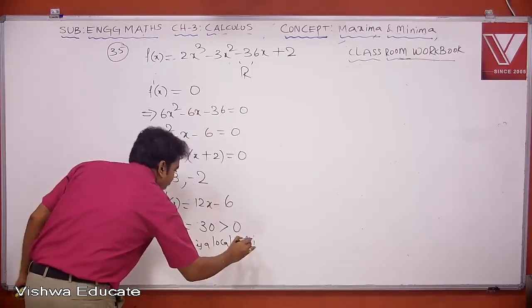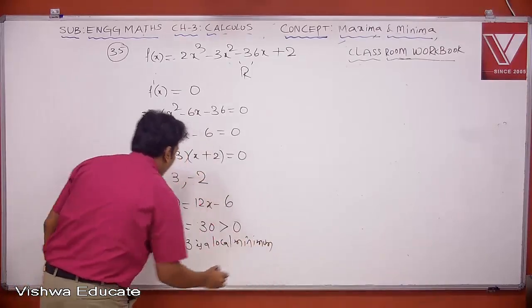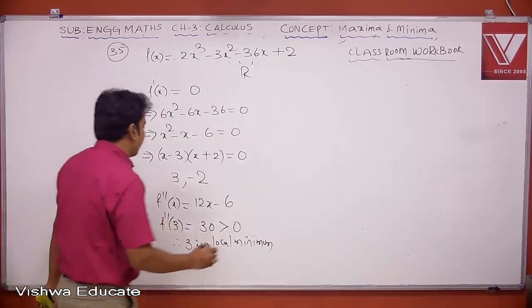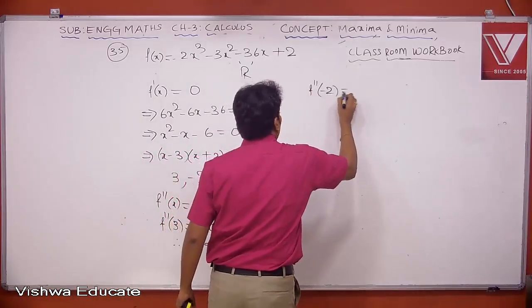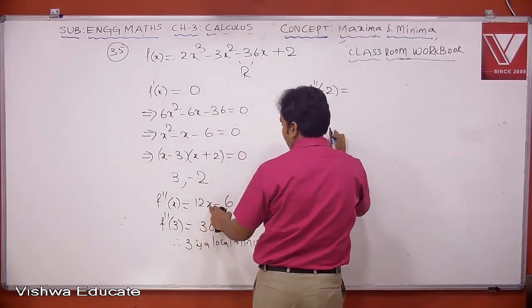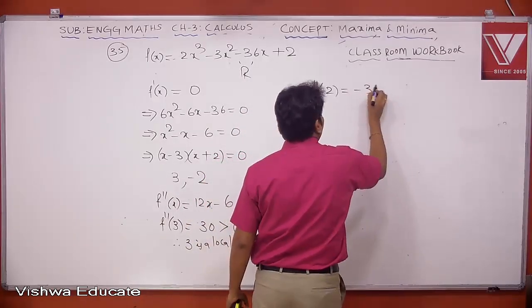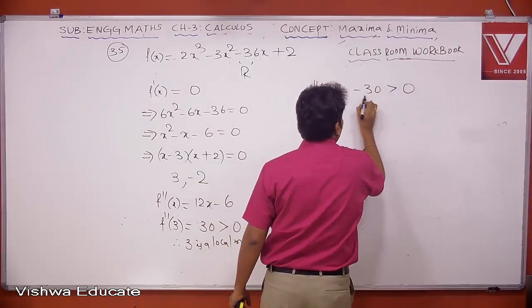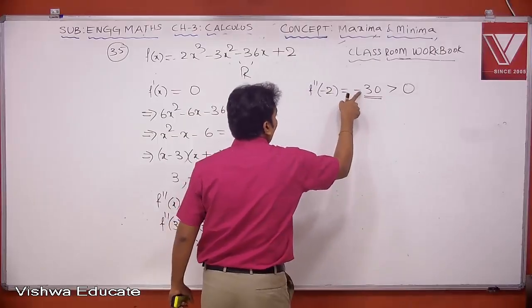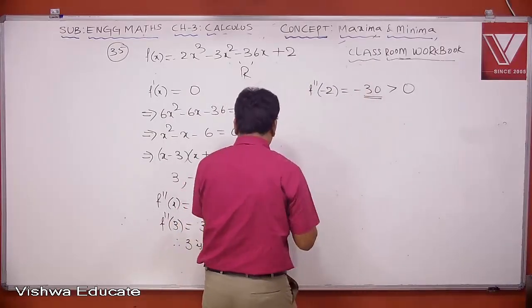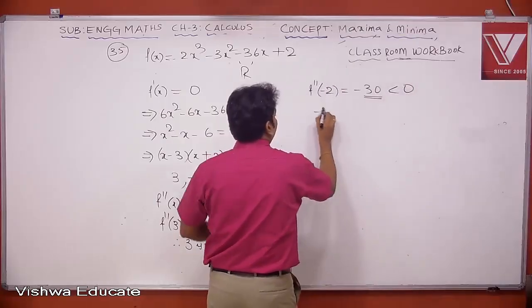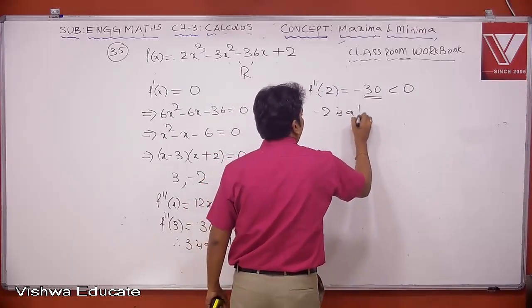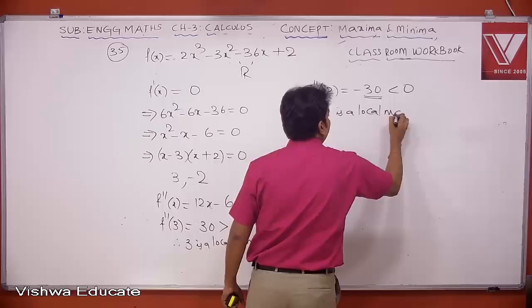But replace x by the second stationary point, f double dash of minus 2. This is 12 into minus 2, minus 24, minus 6, minus 30. This value is less than 0. So therefore minus 2 is a local maximum.